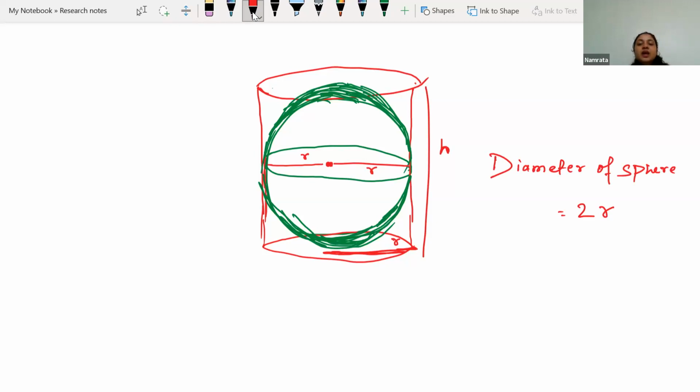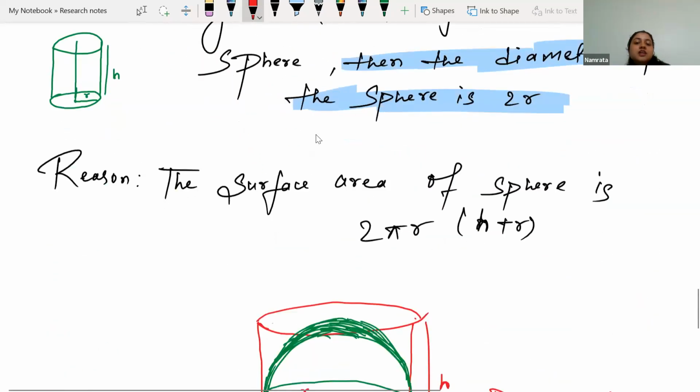Now the next statement says that the surface area of the sphere is this much. Is it the formula for finding the surface area of the sphere?